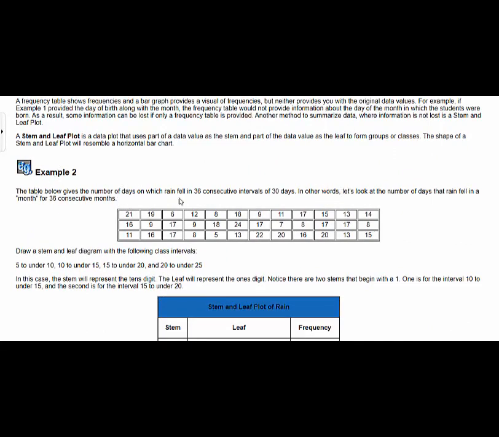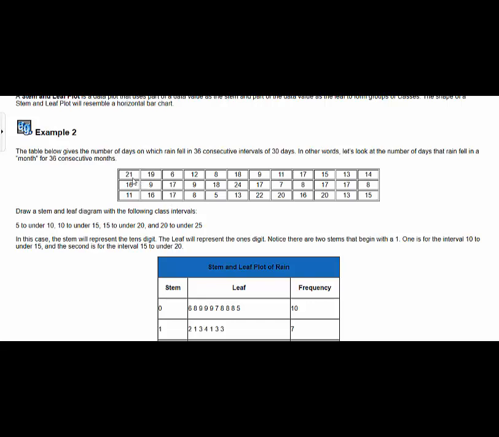Basically, the idea here is that we've got 36 months' worth of data. This is the number of times that rain fell during those months. I guess it's supposed to be 30-day intervals, so it's not really by month, but same basic idea. In order to organize this, whoever was putting it together decided to separate into groups of 5 to 10, 10 to 15, 15 to 20, and so on.